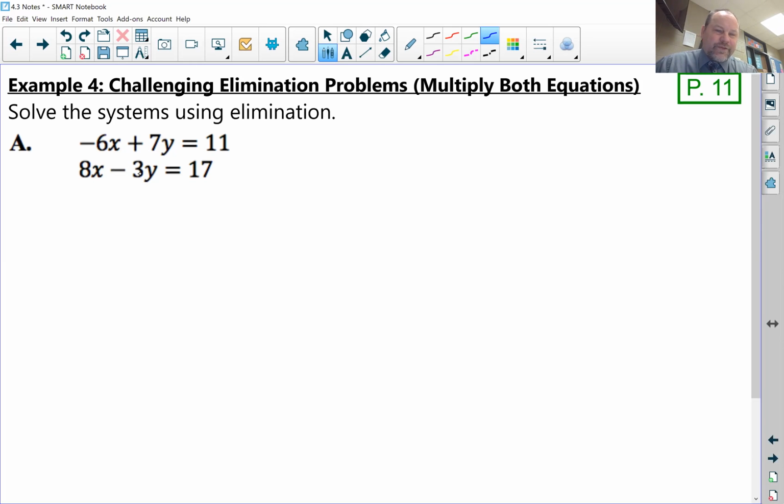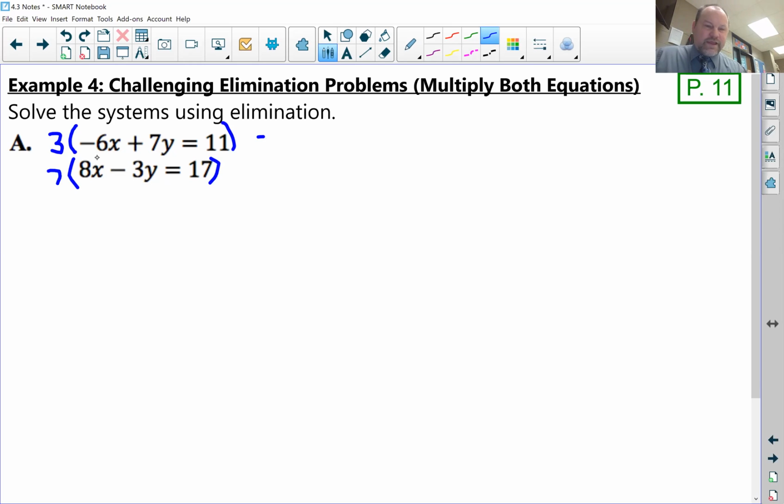I like the negative 3 and the 7. So I'm going to multiply my top equation by 3 and my bottom equation by 7. Because they're opposite signs, my y's will be exactly the opposite, and then I'll be able to add to get my solution.